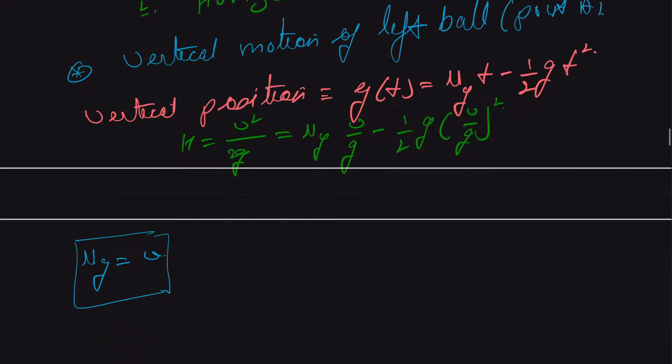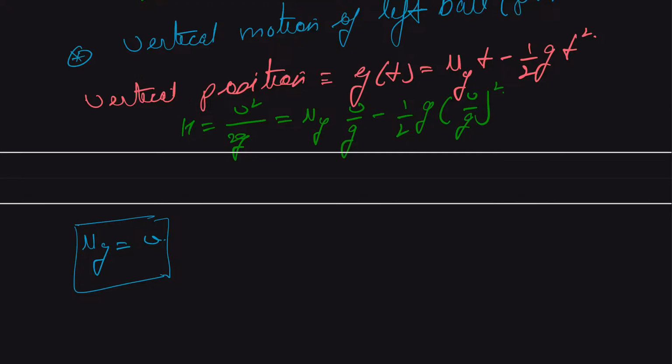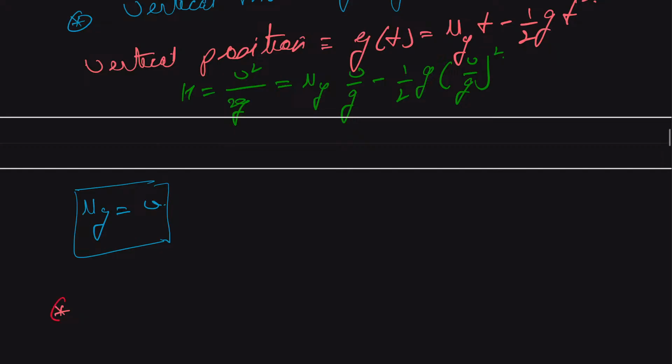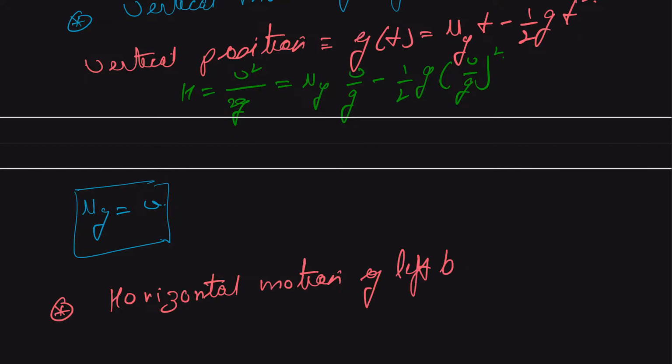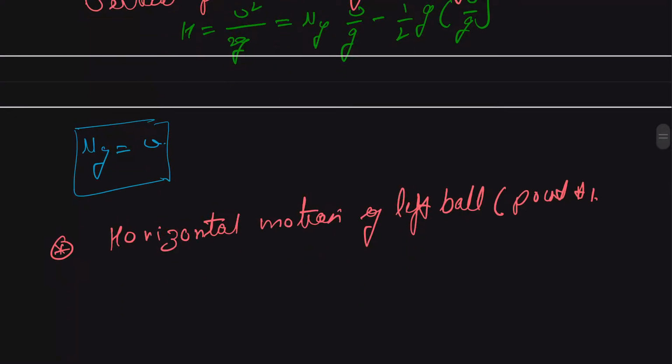Now similarly we are going to discuss the horizontal motion of the left ball, which is launched from point A. We can write the general equation for horizontal position: x as a function of time t will be equal to initial velocity in x direction multiplied by time t, and time t is nothing but t h.